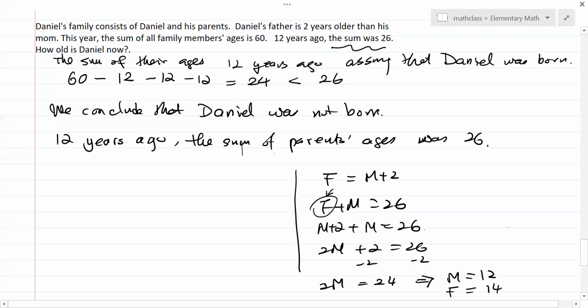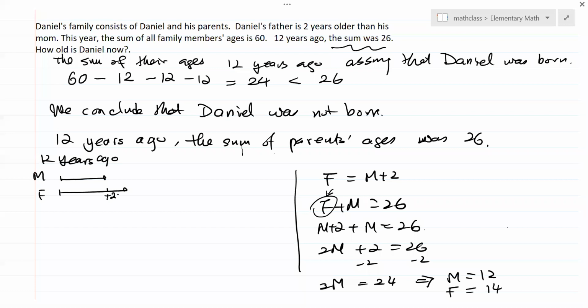Okay. Let's try to use the pictures. Here's mother's age, that's 12 years ago. That's the father's age, plus 2. So the sum is going to be 26, right? Add them together, 26.